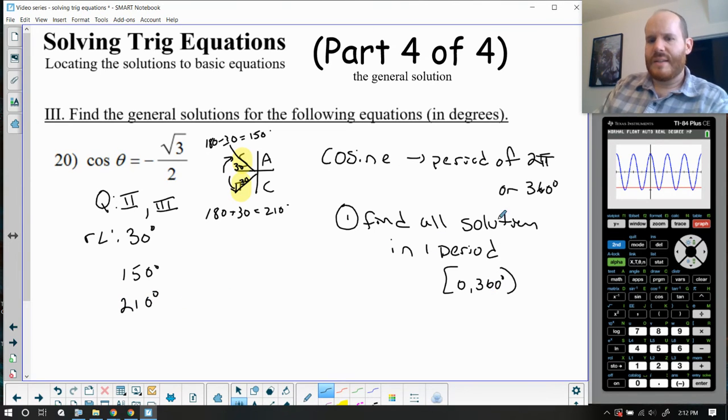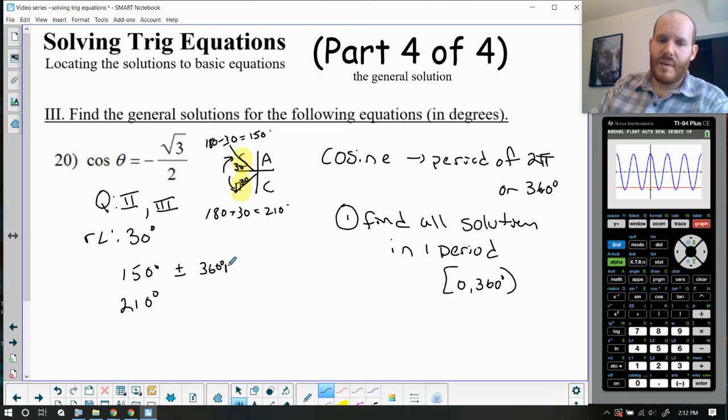Because cosine is a periodic function with a period of 360, if I add 360, I get another solution. I could also subtract 360 and get an answer that corresponds to this. And once I get that value, I could subtract another 360.